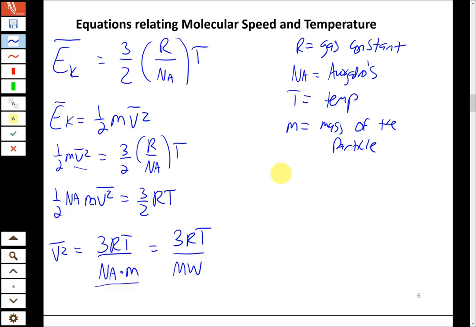And again, just to clarify, this average v squared, with the bar over it, is the average of the squares of the molecular speed. So we take all the molecular speeds that are present and we square them, and then take the average of that.